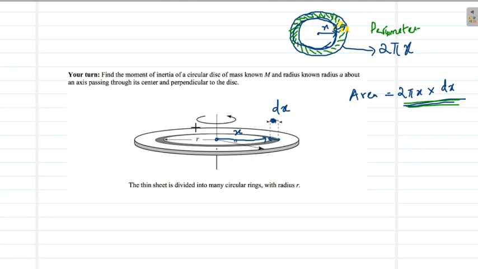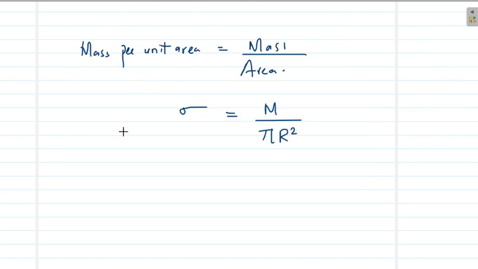Now the whole disk is comprised of a lot of annular rings like this situated at various x values. The thickness of all of them is the same, which is dx. So let us write the area of the ring is equal to 2 pi x, which is the perimeter, multiplied by the thickness, which is dx.